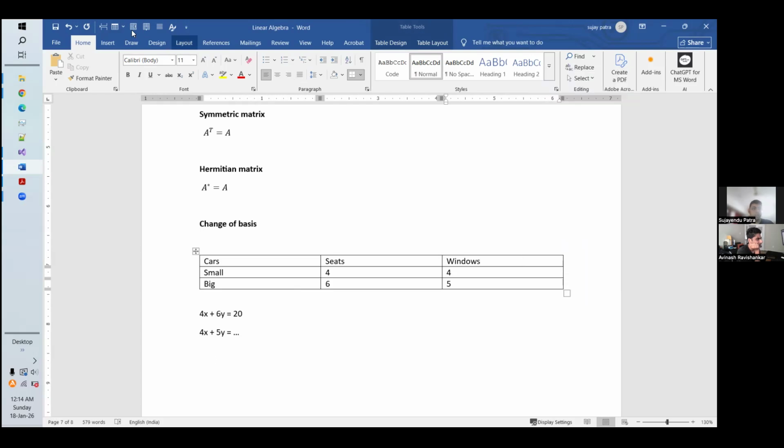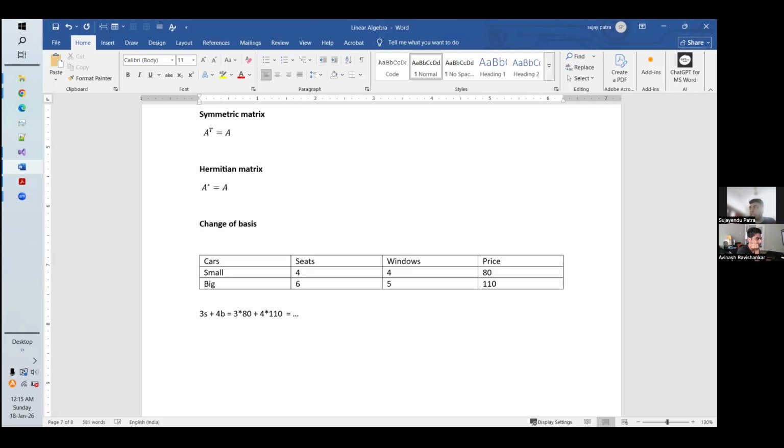Let me check it. Let's say I add the price column of the cars. Let's say small cars cost 80K and big cars cost 110K. So if I'm buying 3 small and 4 big cars, I can calculate 3 into 80 plus 4 into 110, and I'll get some number.